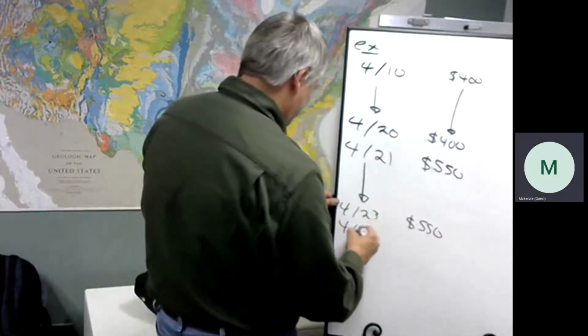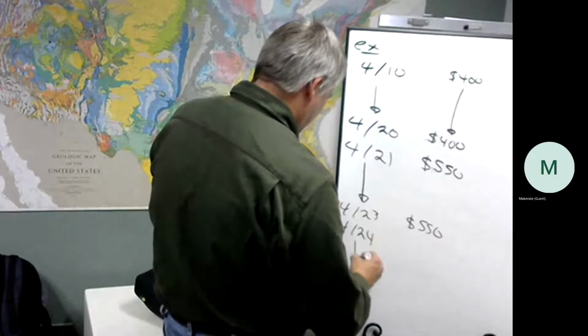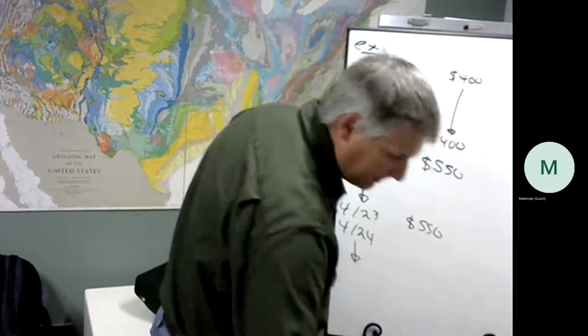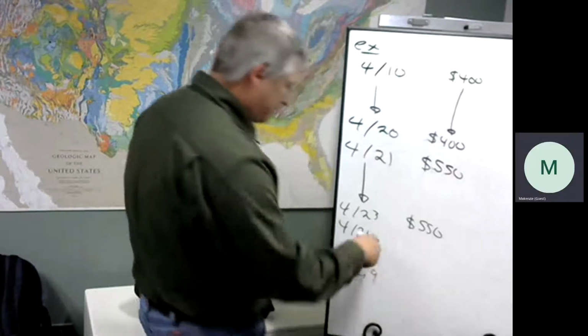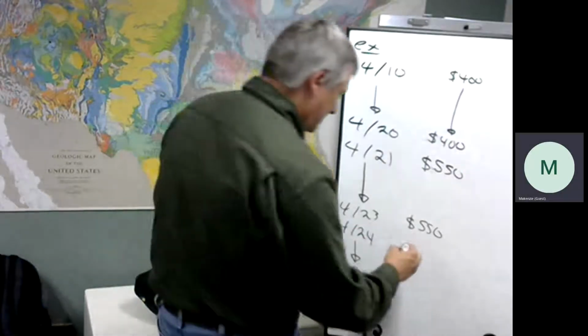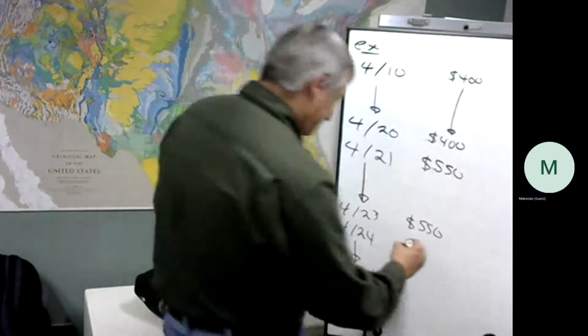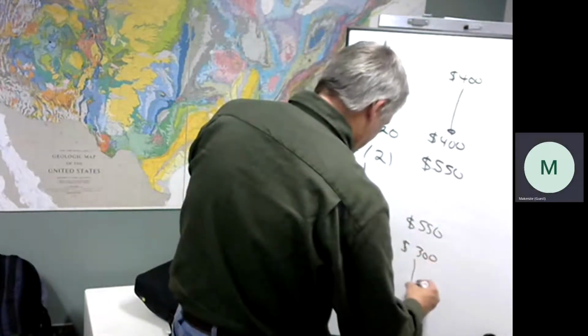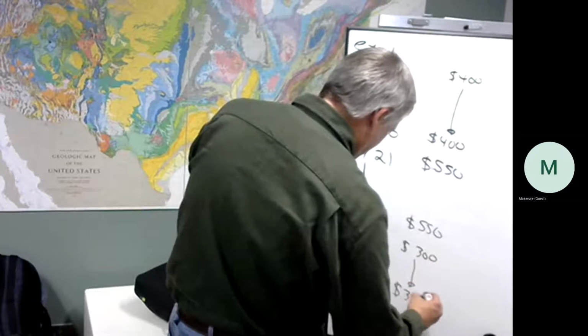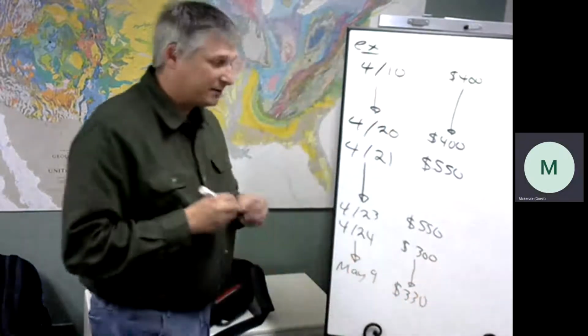And on April 24, all the way through May 9, well, on April 24, we make a payment of $250. And so that has us at $300, and that's what we owe on our credit card all the way to the end of the billing cycle.